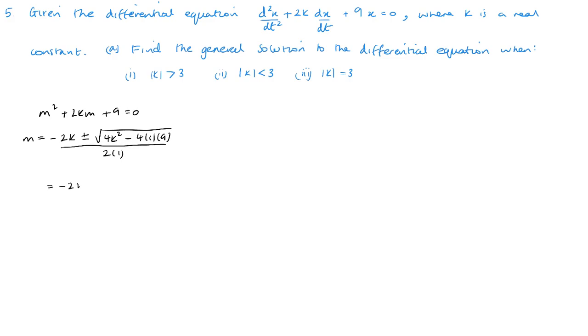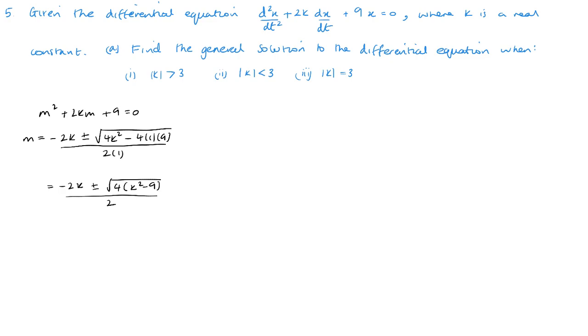So this gives me minus 2k plus or minus the square root of 4k squared minus 4 times 9. Let's make it a little bit easier and just take the 4 outside a bracket. So we've got k squared minus 9 inside my brackets, and this then is all over 2.